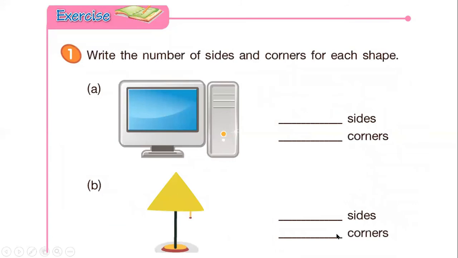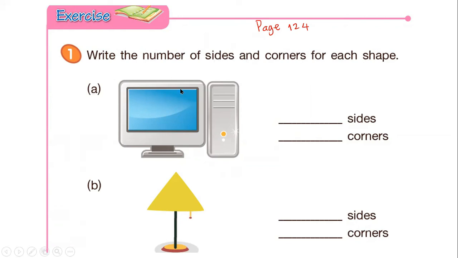Now let's look at page 124. Okay, we look at number 1. We do our exercise. Write the number of sides and corners for each shape.